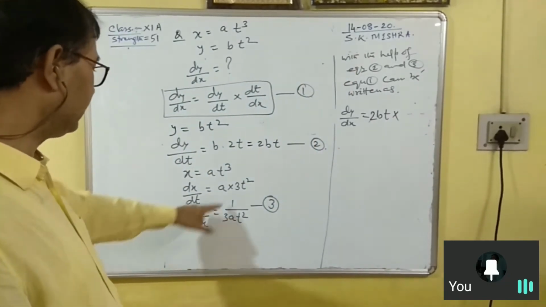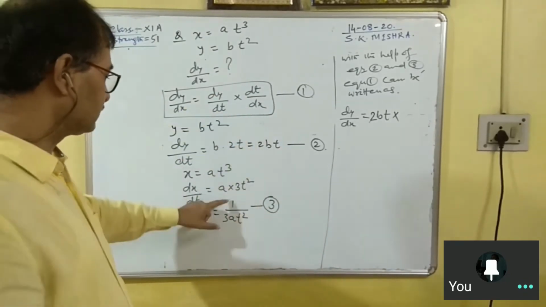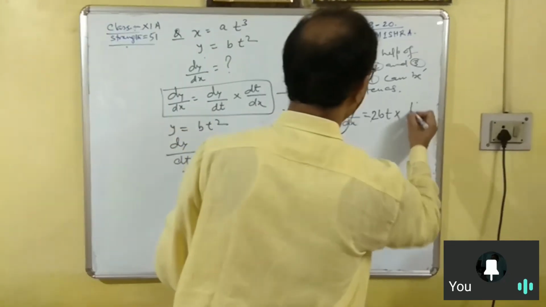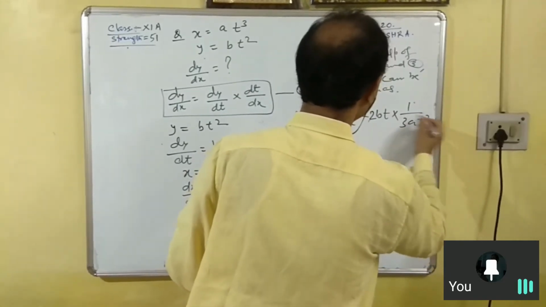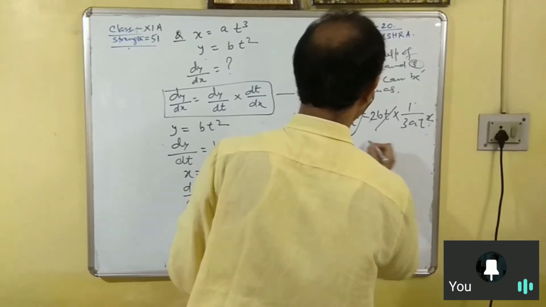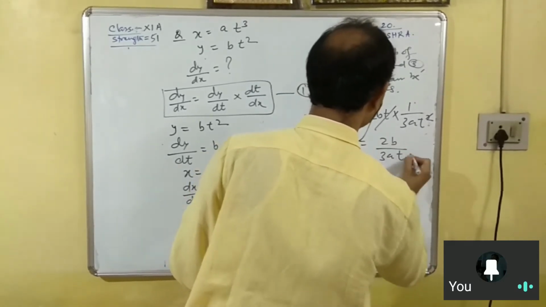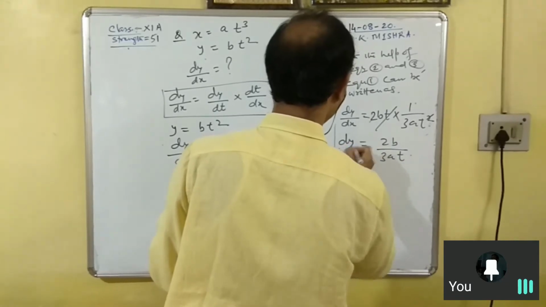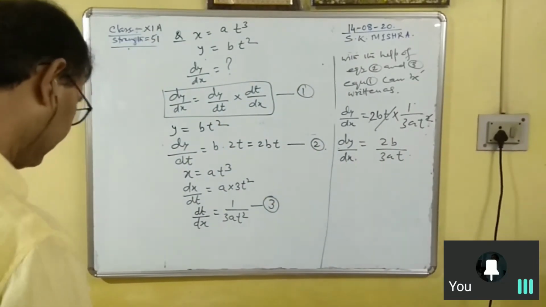Now dt by dx is 1 by 3at square. You have to put dt by dx, which is 1 by 3at square. You just cancel t, then it is 2b by 3at. It's dy by dx is the final result. 2b by 3at.